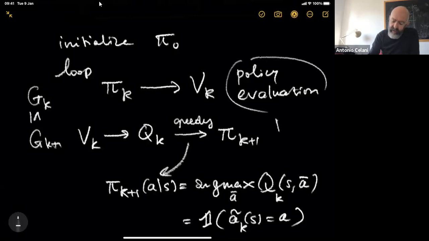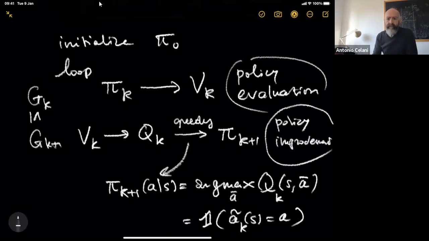This second step is called policy improvement. So this policy iteration algorithm is an alternation of two steps. Start with a policy, evaluate it, which means compute the value function. Then from the value function, through the greedy assignment, compute a new policy. Repeat.